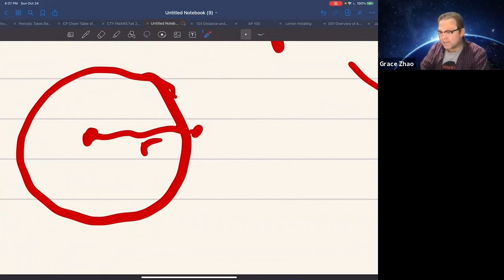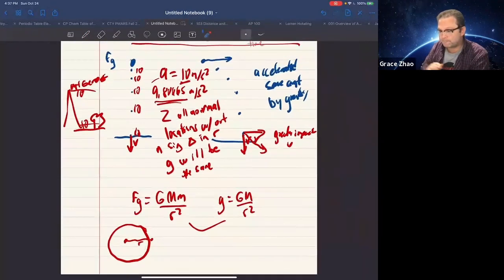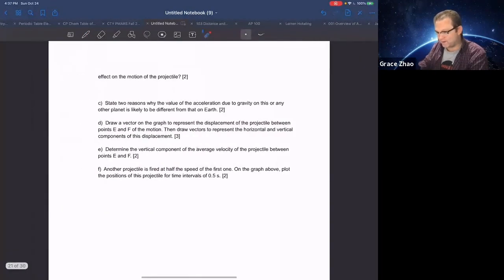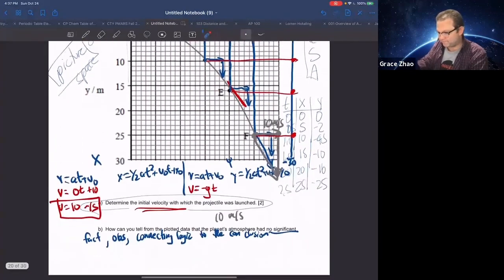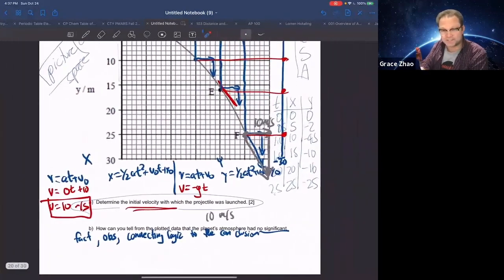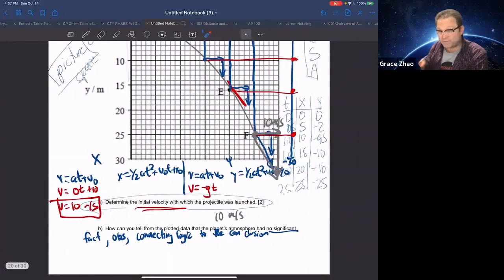So g is the same when you're flying at 37,000 feet or 10,500 meters in an airliner. That distance R changes so little, the g remains constant. So that's the significant piece for this question, because if there were air resistance, it would affect that acceleration.